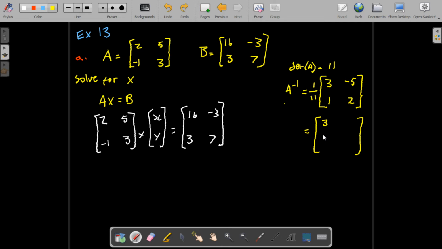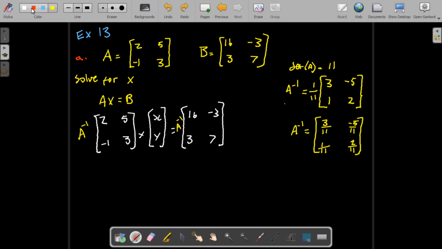And then on the right hand side I have this matrix here. So 3, 11. And that's multiplied by matrix B, which is 16, minus 3, 3 and 7.